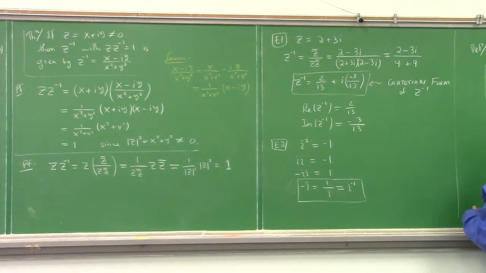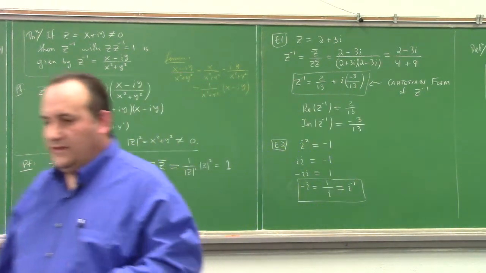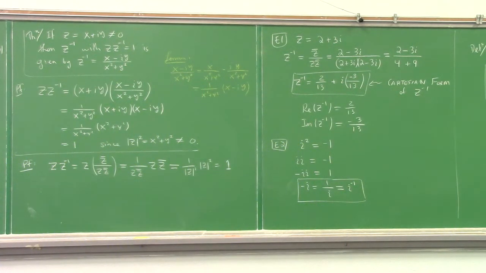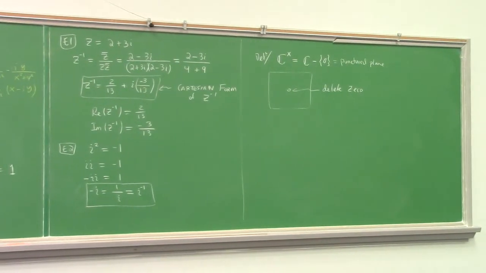So this is the so-called punctured plane. Every complex number in the punctured plane has a multiplicative inverse, all right? Because we just proved that.